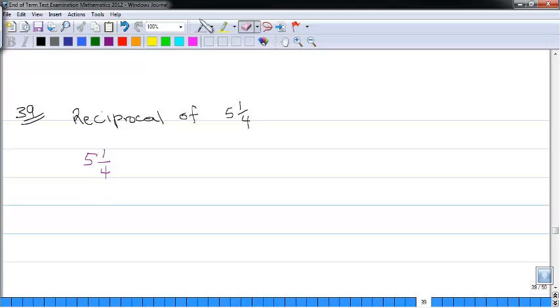Another way of expressing the reciprocal is that we're going to find the multiplicative inverse of 5 1/4. Let's change 5 1/4 from this mixed number to an improper fraction. So we would multiply the denominator by the whole number and add the numerator. So 5 times 4 would be 20, 20 and 1 would be 21 over 4.